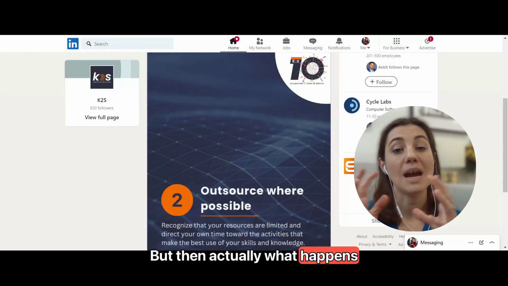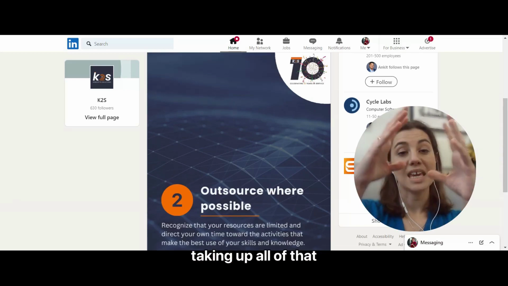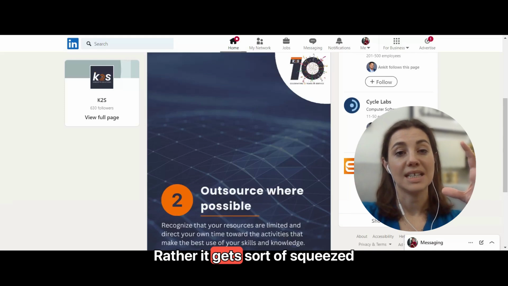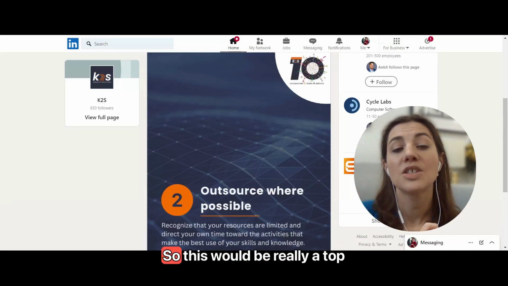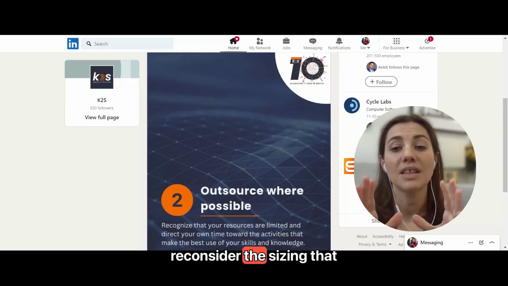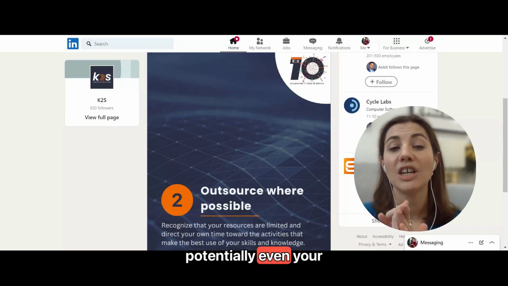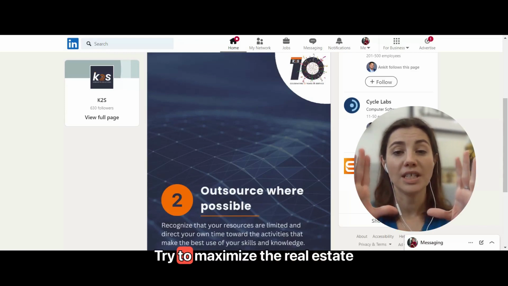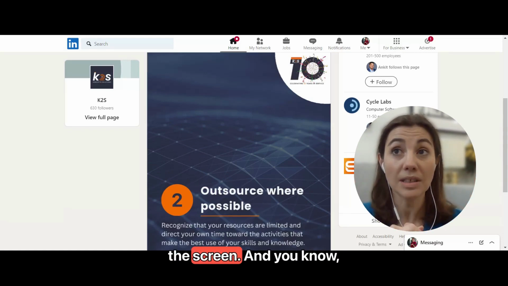But then your post doesn't appear taking up all of that real estate. Rather, it gets squeezed to fit within the sizing of LinkedIn. So this would be a top tip for you: reconsider the sizing that you're using on your carousels, on your videos, potentially even your static images. Try to maximize the real estate that your creative takes up on the screen.